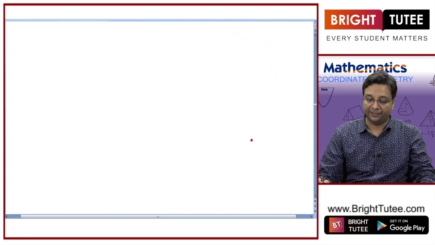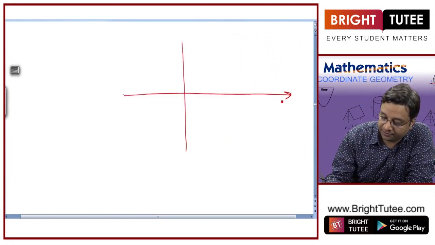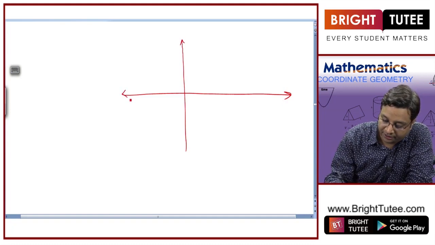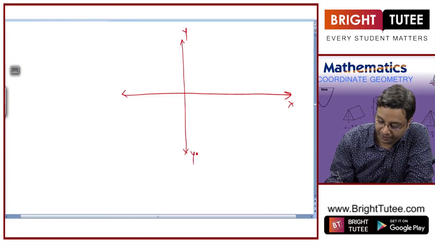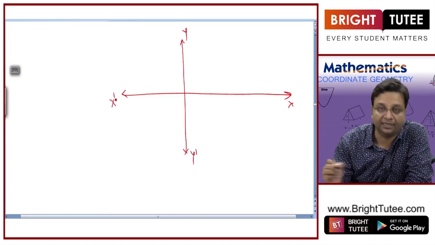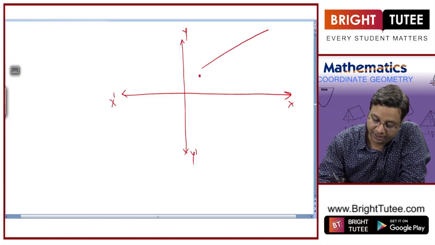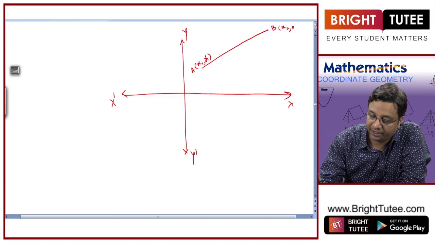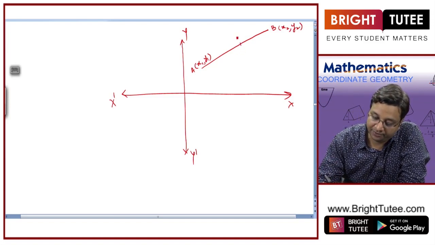Let us first see this is our rectangular axis. This is the x-axis, this is the y-axis, y dash, and this is x dash. Let us say this is the line AB. This is point A, this is point B. Coordinates of point A are x1, y1 and point B are x2, y2. Let us take a point P here.